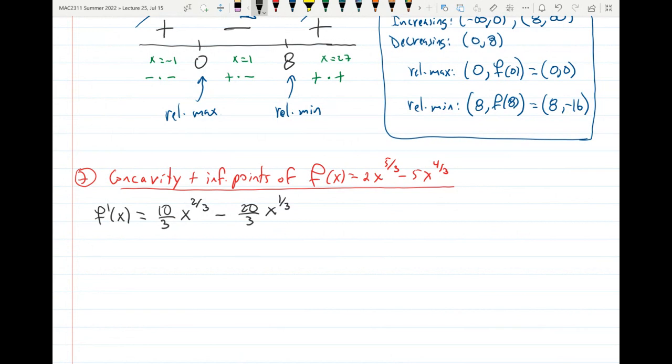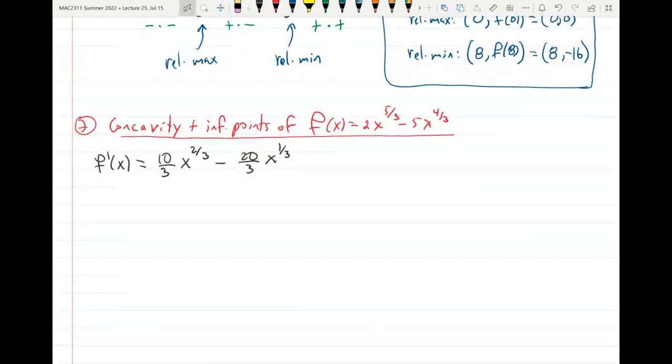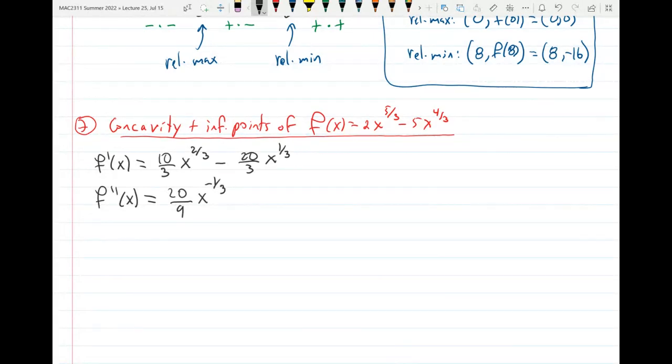Okay, so that's our first derivative. And now we look at the second derivative, which is 20 over 9 x to the negative 1/3. We subtract 1, then minus 20 over 9 x to the negative 2/3.